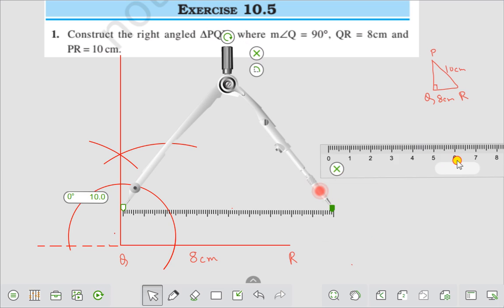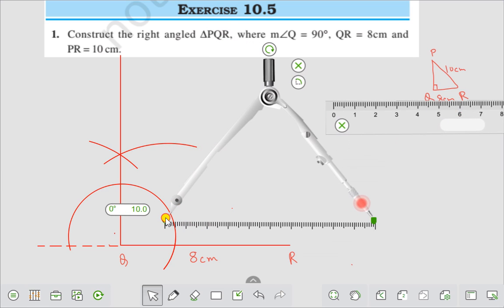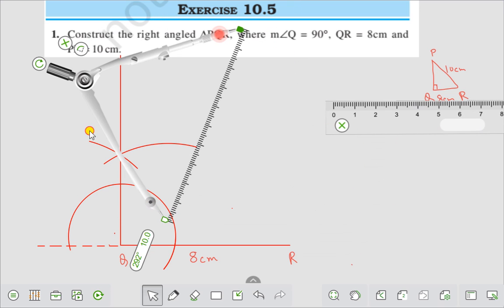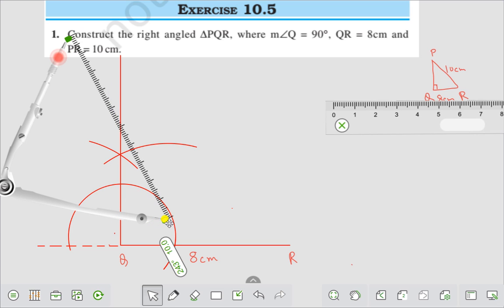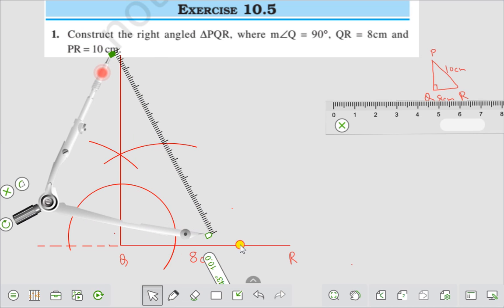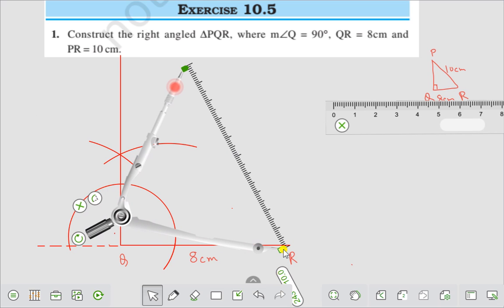With the help of this compass, you can draw an arc with the length of 10 centimeters. Put this pointer at the point R and draw an arc here.